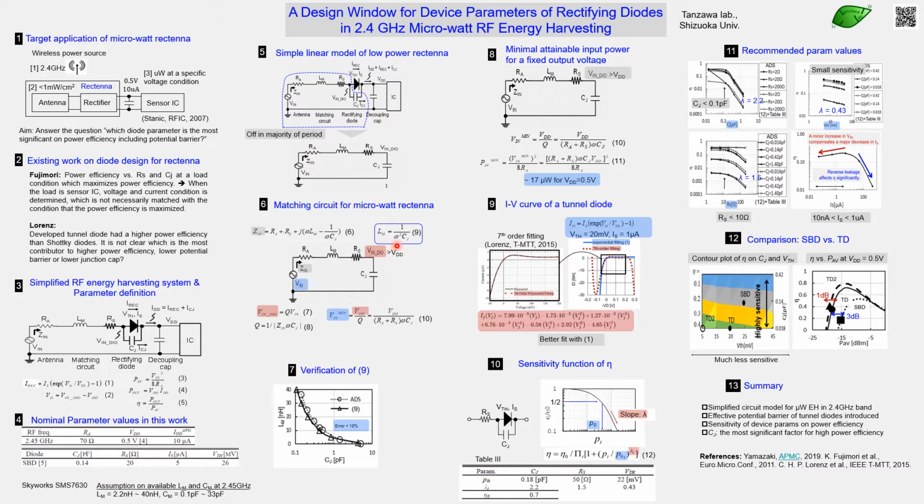So first we confirmed whether equation 9 is sufficiently accurate using ADS simulation. We swept the parameter Cj, identified the optimum RM, and the maximum error was 80% or less.